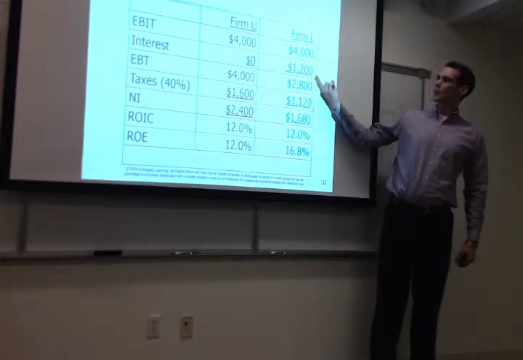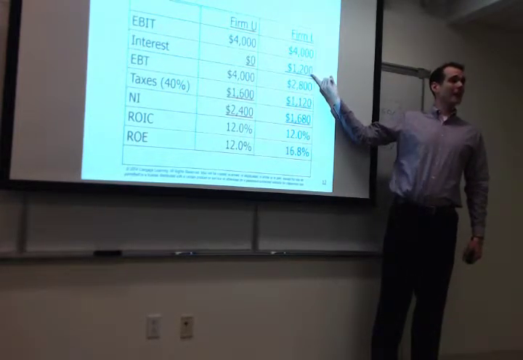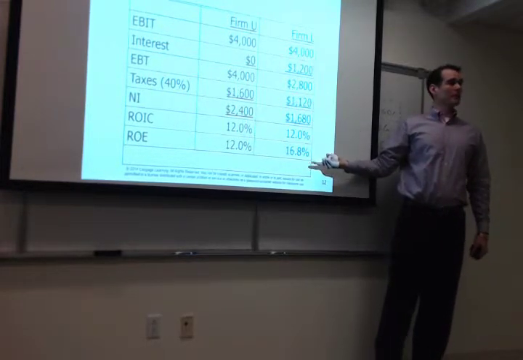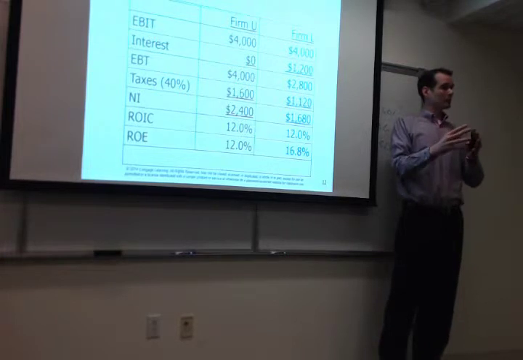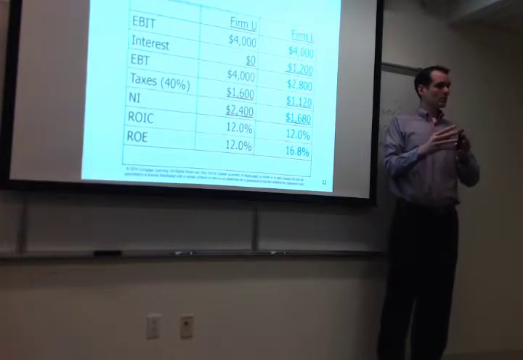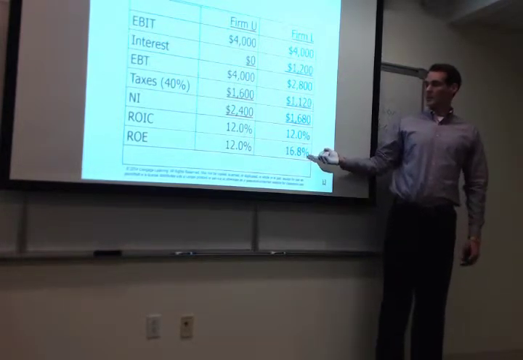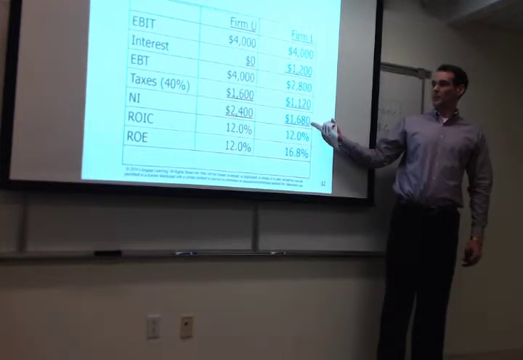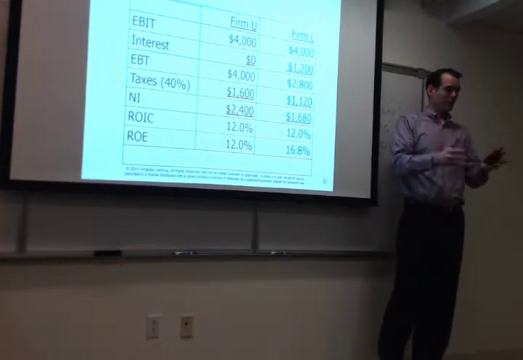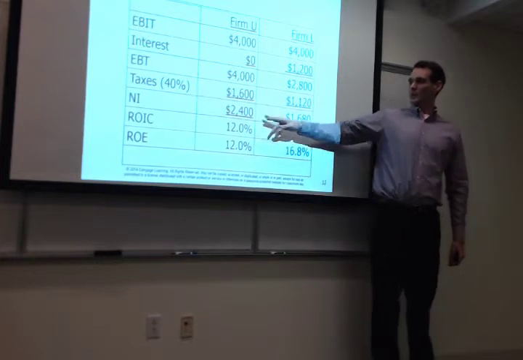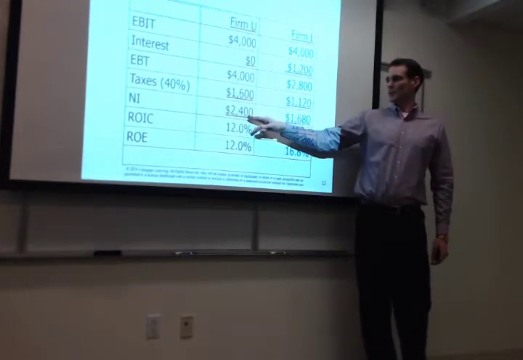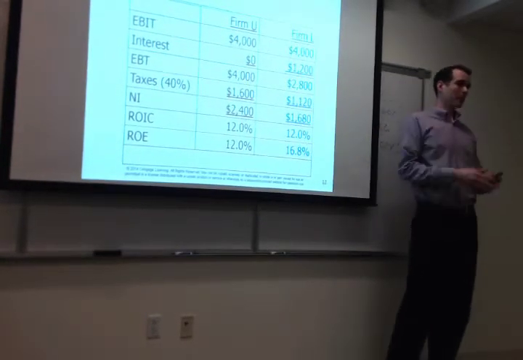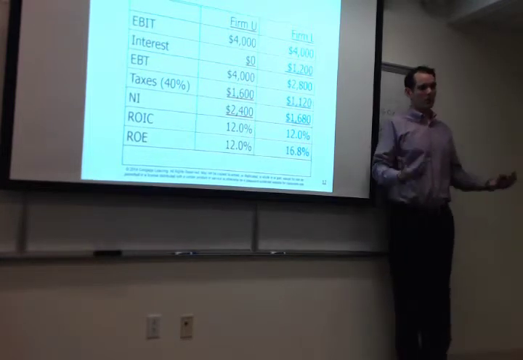Okay, it benefited from a tax advantage. That's part of it. But the real reason is the smaller amount of equity. This is return divided up among $10,000 worth of shareholders. This 2,400 return is divided up amongst $20,000 worth of shareholders.